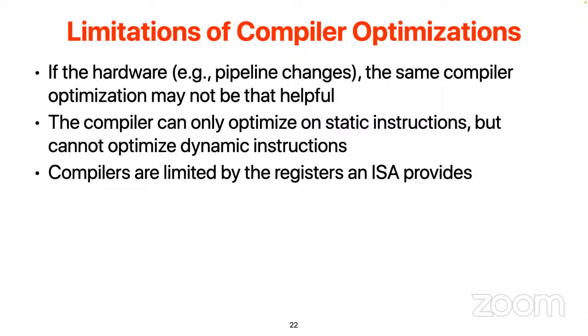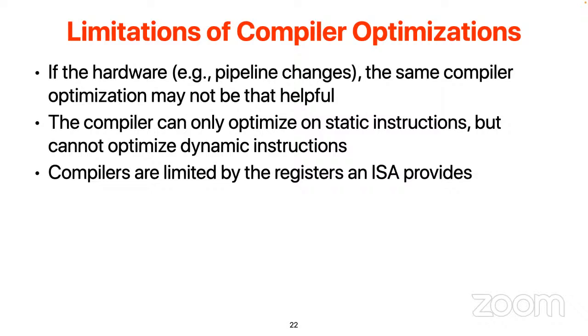That's another limitation of the compiler. And another limitation we have seen earlier is that even though we reorder the instructions, when we place the same code into a superscalar processor, the way it works is very limited.